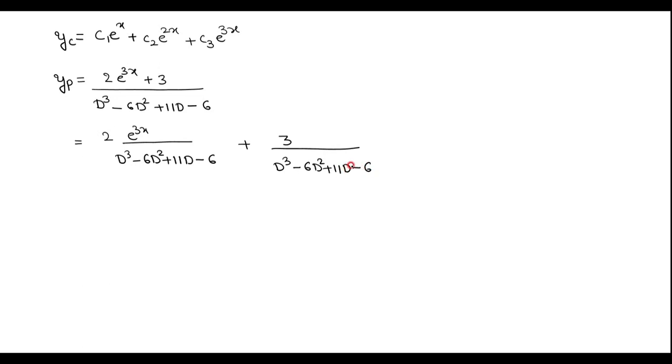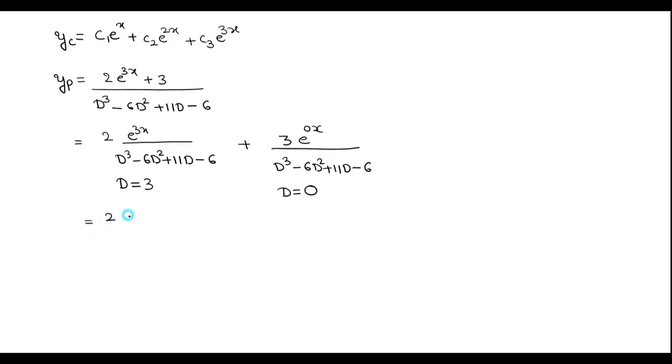For the first term, according to what we have discussed, we have to put D equal to the coefficient of x in the exponential function, which is 3. In the second term, we don't have an exponential function, but if any constant is there, we can write it as e raised to 0x. So the value of D in this case will be 0.